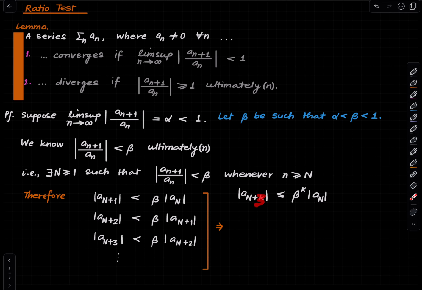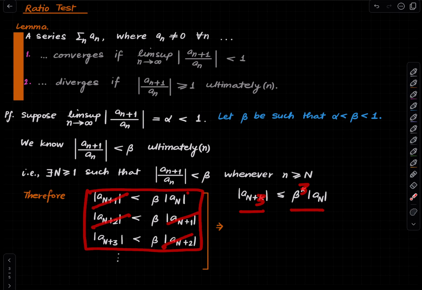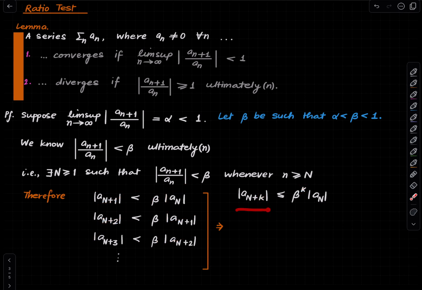Suppose k were 3, then we want to show that a_{N+3} in magnitude is at most beta cubed times the magnitude of a_N. All we do is multiply all these 3. So what will happen is this will cancel out, that will cancel out. Here you'll see a beta cubed, and you see it for k equals 3. Similarly, you can prove this for arbitrary k.